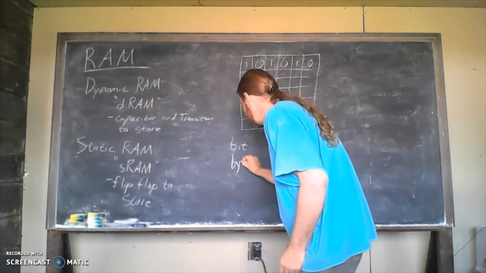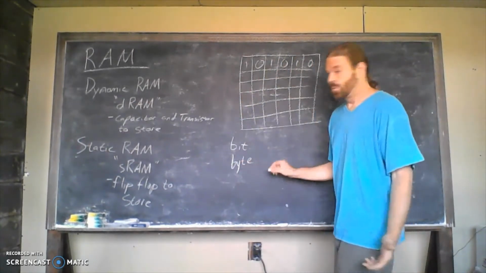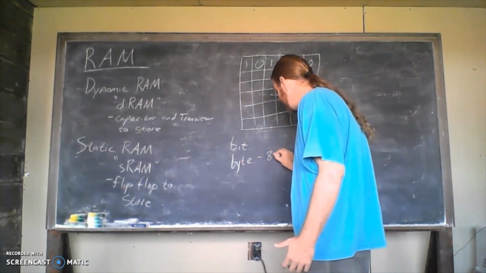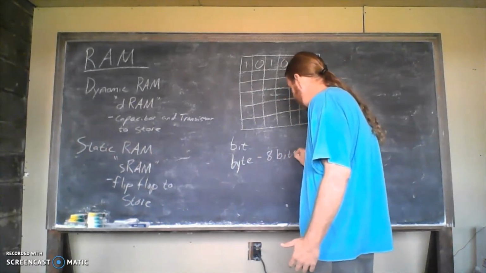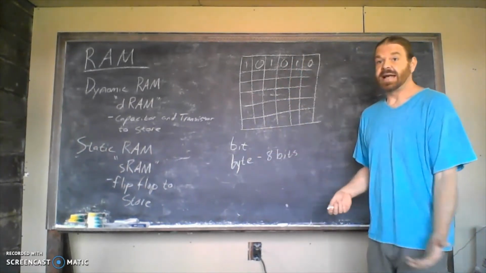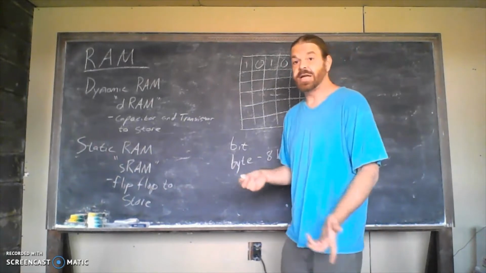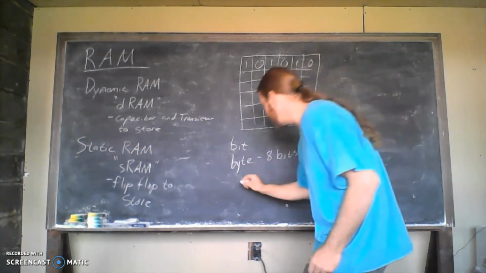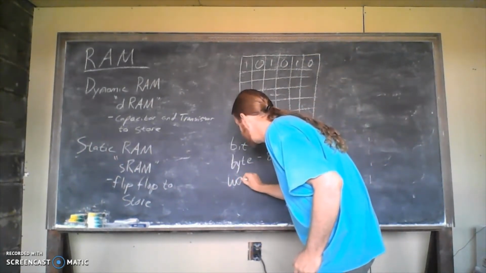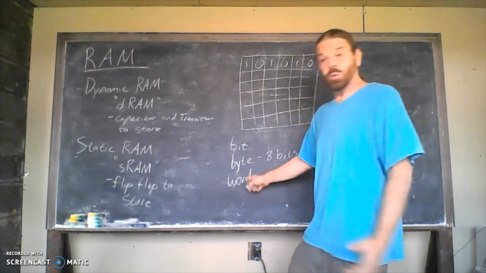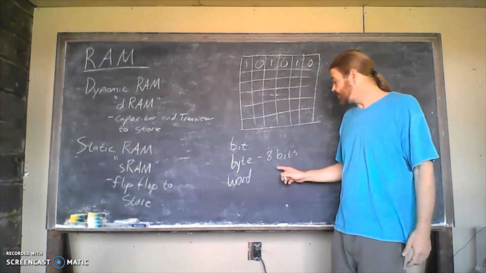So then we can increase that to a byte, which you're probably familiar with is 8 bits. But then we can keep expanding that out. And there's some other ones that you would have seen in your textbook that I want to clarify here. So the next one is a word, which is a combination of bytes.